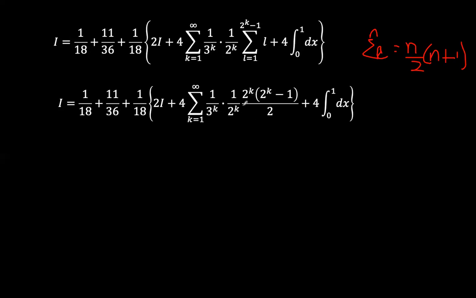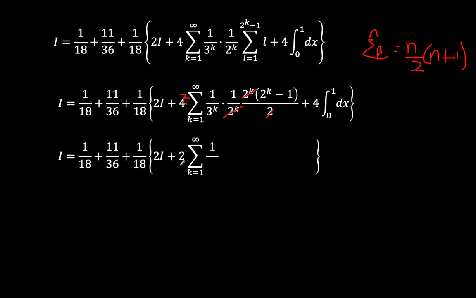And so we can cancel that to get a 2 here. So as we go ahead, we have 1 over 18 plus 11 over 36 plus 1 over 18, 2i plus 2 times 1 over 3 to the power k times 2 to the power k minus 1.